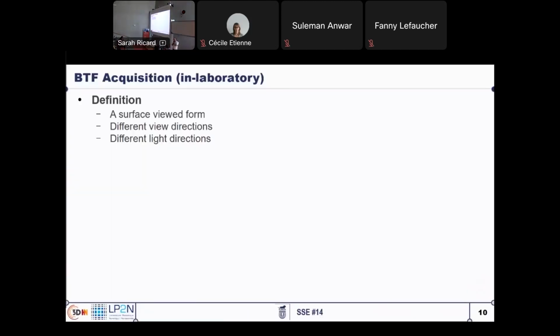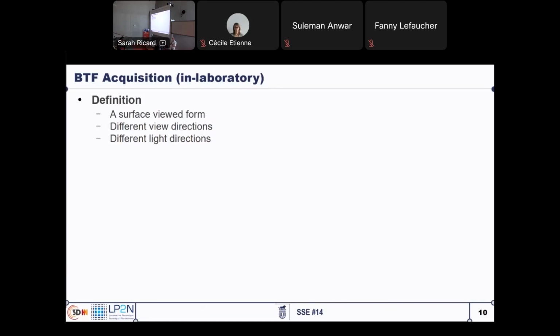So I was talking about the BTF acquisition that was in the same dimension. It's simply a surface view from different viewpoints in different lighting. It's different from the BRDF because it contains all the shadowing, all the inter-reflections that can occur on the surface.